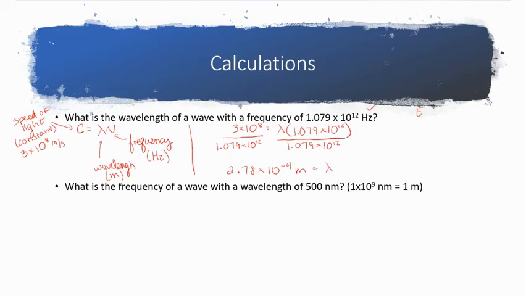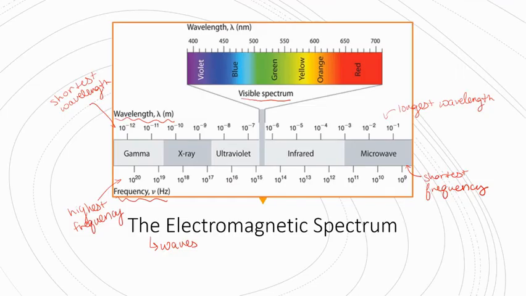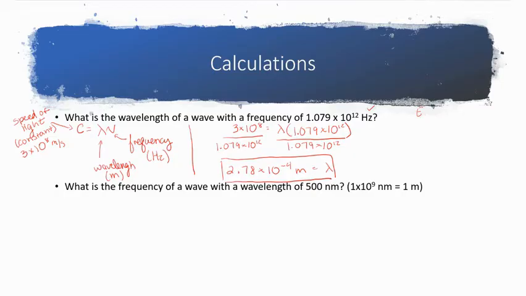Okay. So if we wanted to, we could go back to that electromagnetic spectrum and see which one has a wavelength of 2.78 times 10 to the negative 4th. And we are going to see that's our infrared waves. Okay, so for infrared, we see that 10 to the negative 4th.